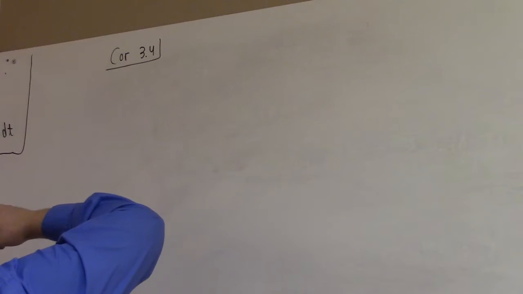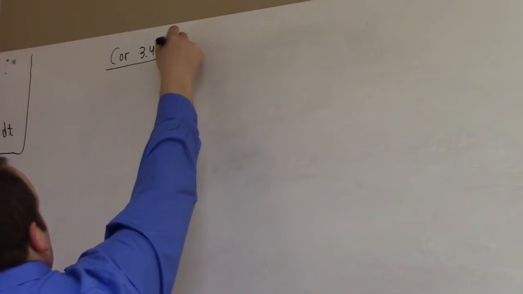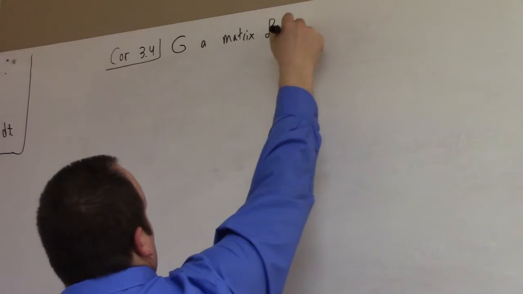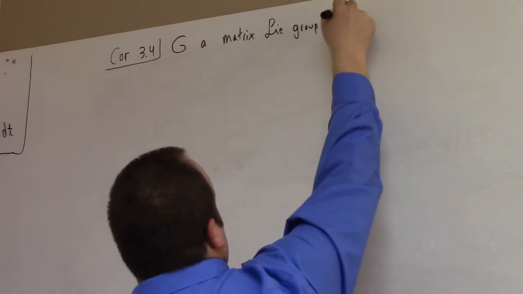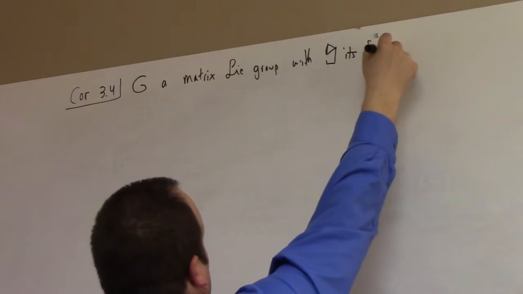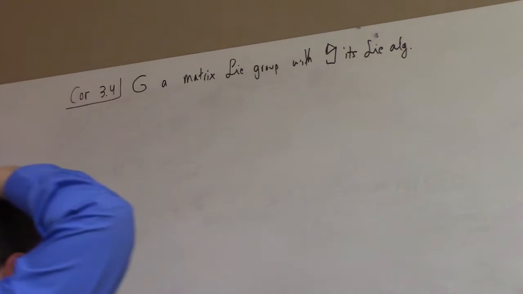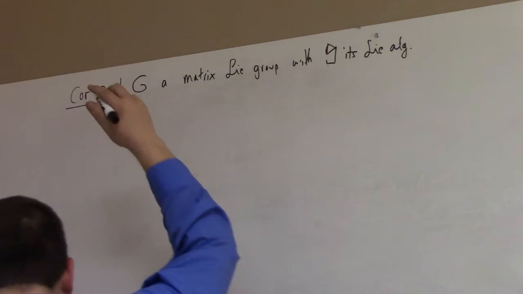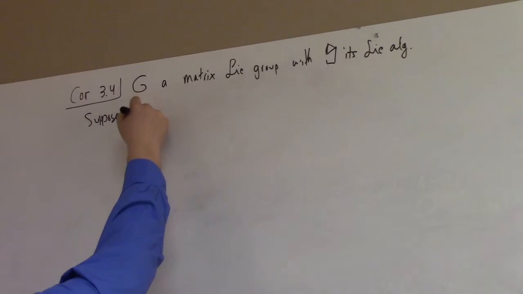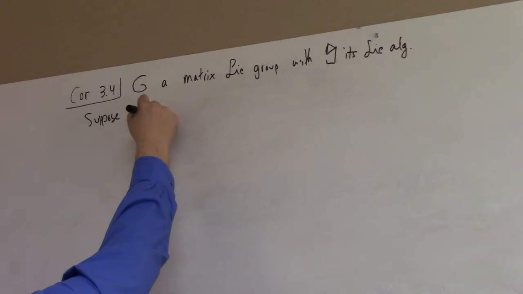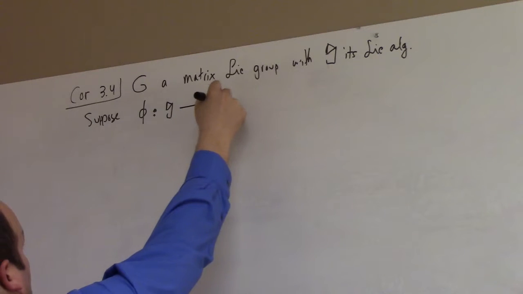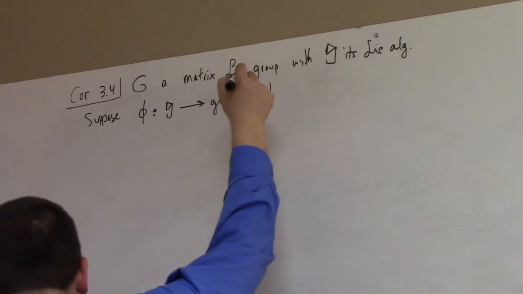Let G be a matrix Lie group and little fraktur g its Lie algebra. Suppose that you have a Lie algebra homomorphism, little phi. It's a mapping from fraktur g to n by n complex matrices.